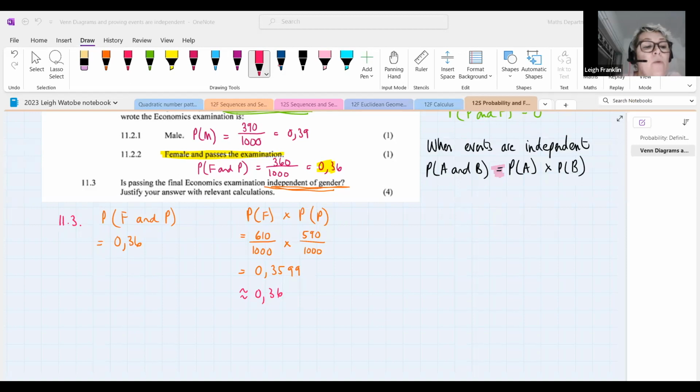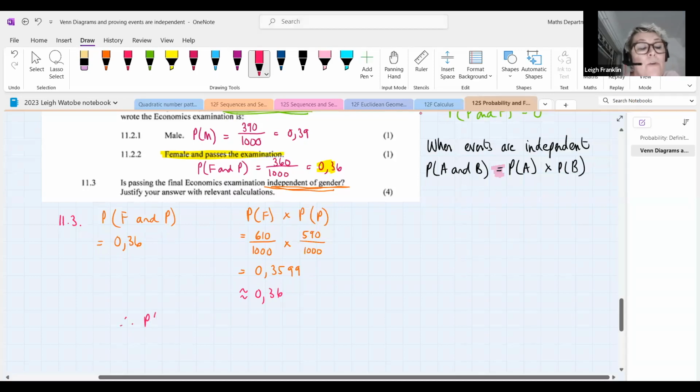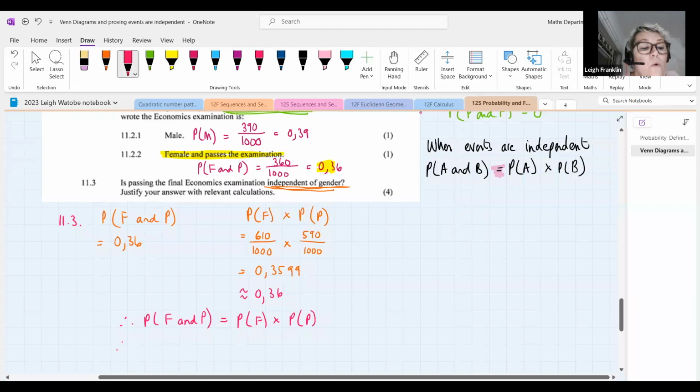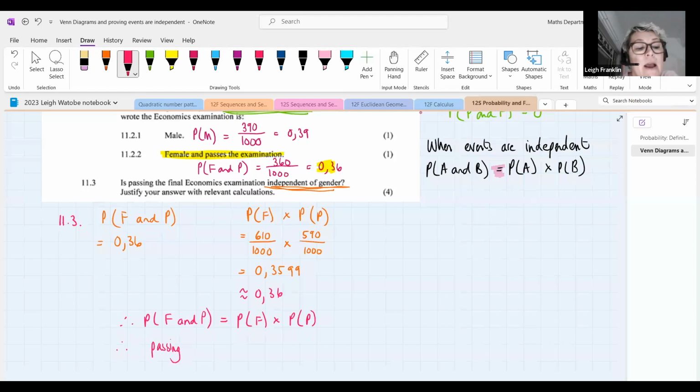Okay, perfect. So now we would say, are they independent of gender? Now we must make a conclusion. Therefore, the probability of being female and passing is indeed the same as the probability of being female times the probability of passing. Therefore, passing the exam is independent of gender.